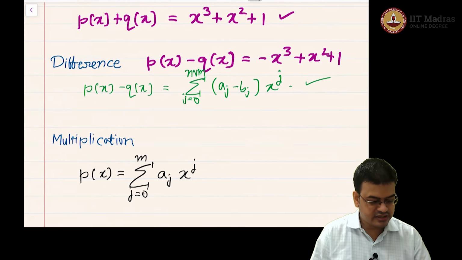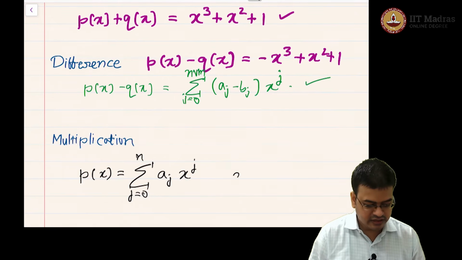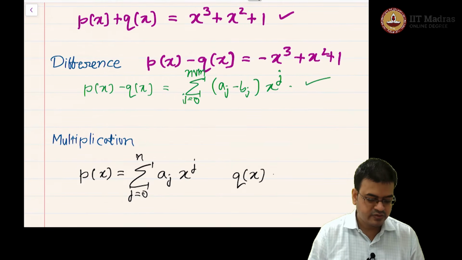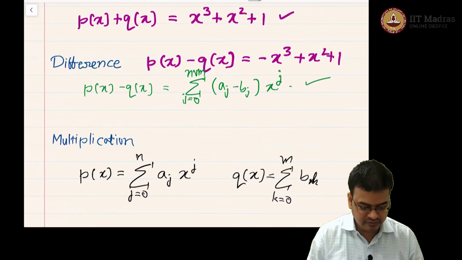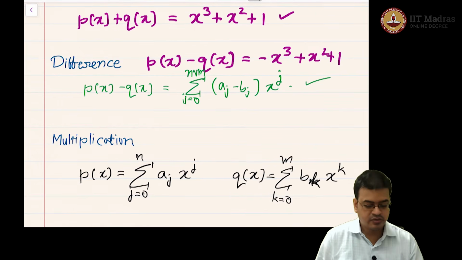Let us put this as n because earlier I was using it as n. And the other polynomial is q(x) which is the summation over k equal to 0 to m of b_k x raised to k. Okay, so these are the two polynomials.